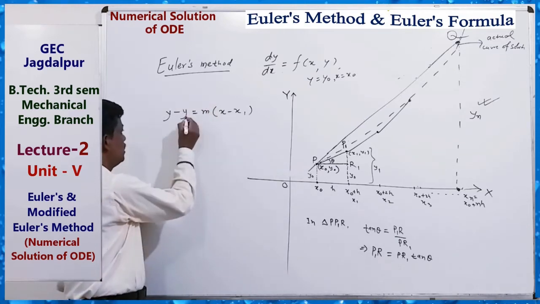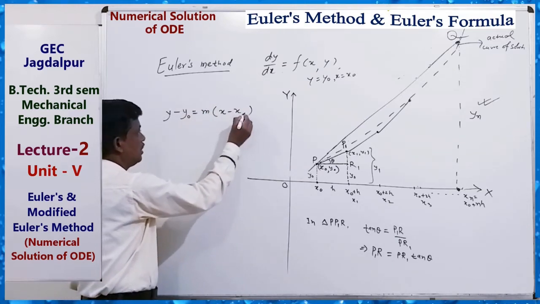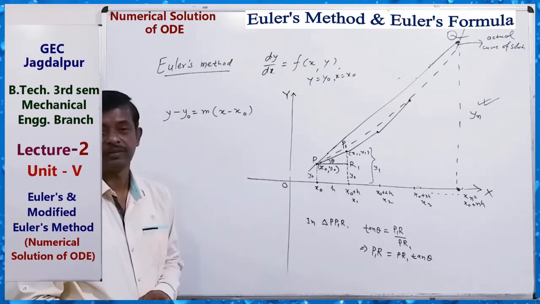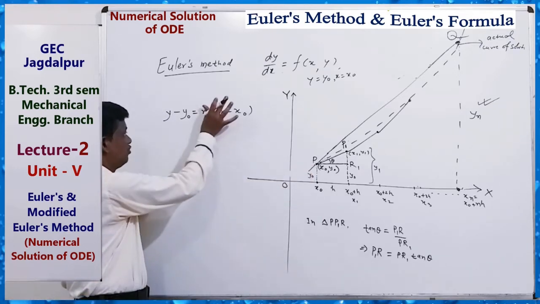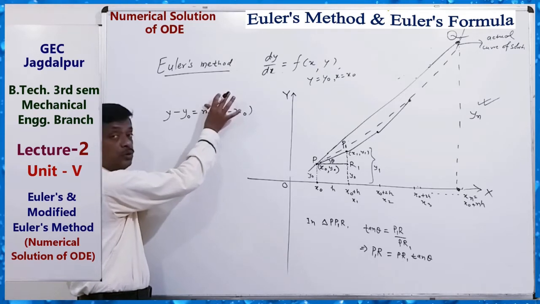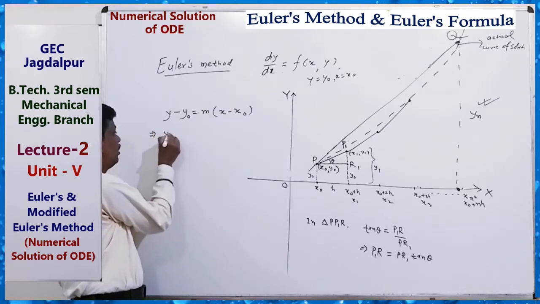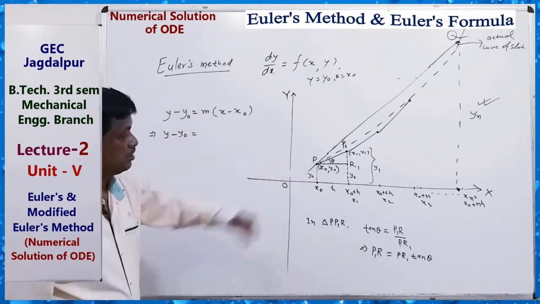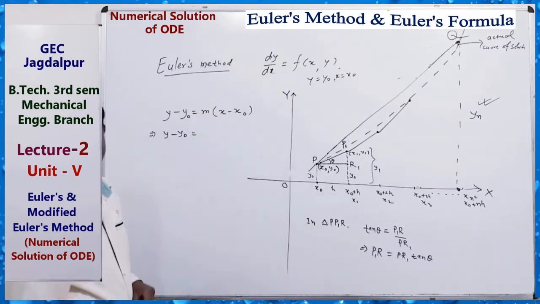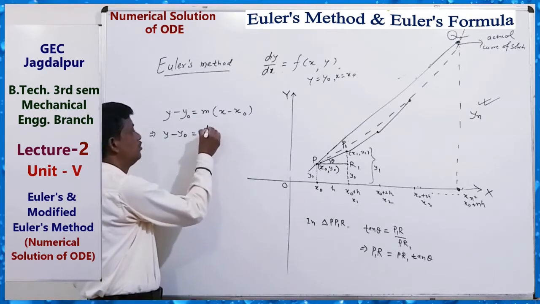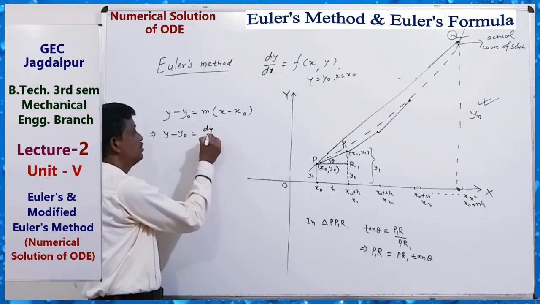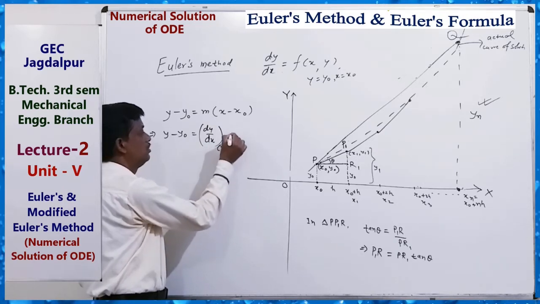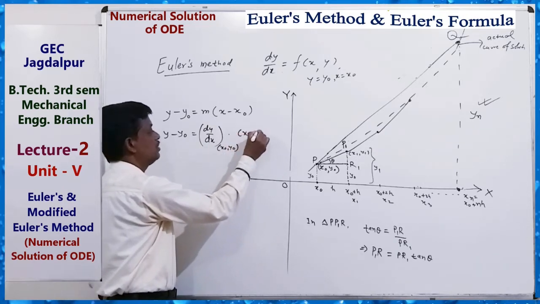So this is y0, this is x0 for this point. And slope is what? What is slope? Derivative. So dy by dx at the point x0, y0 into x minus x0.